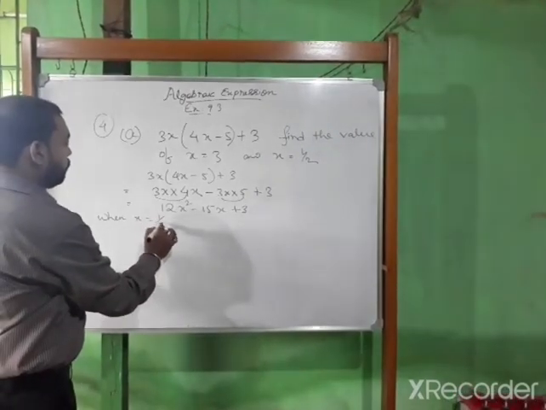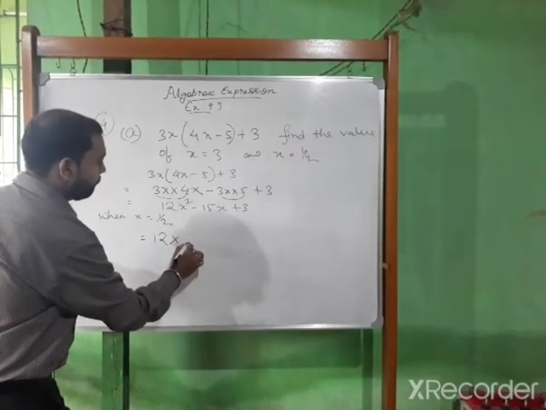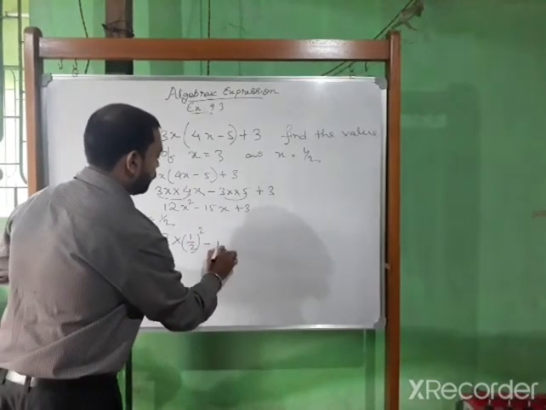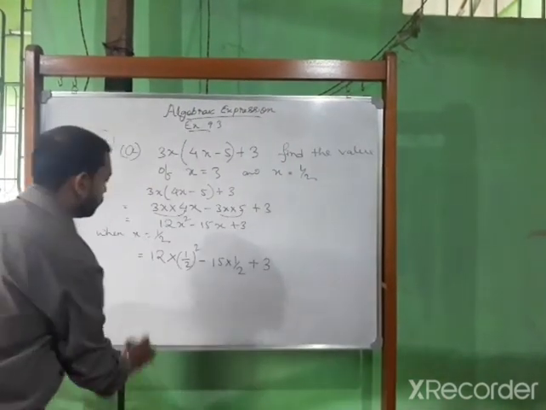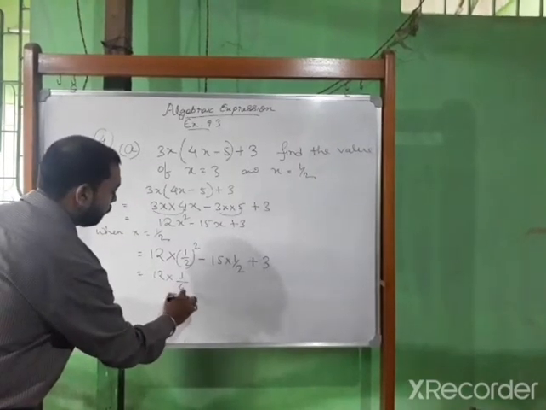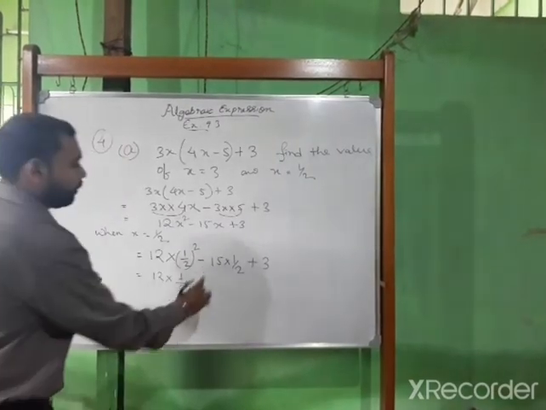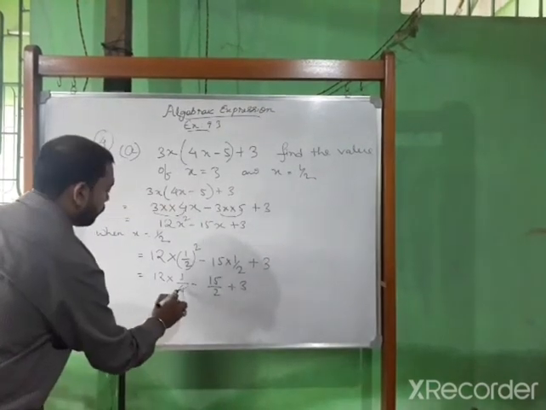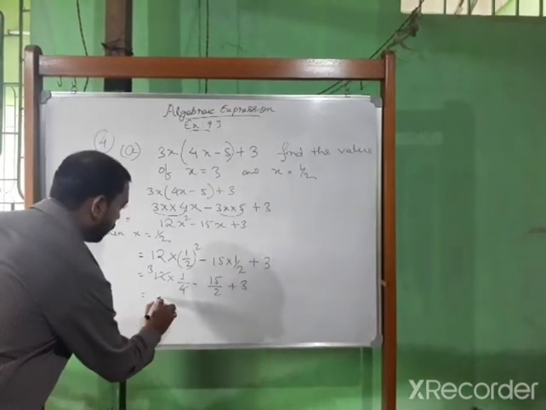So when x is equal to half, in place of x we write half: 12 into half square minus 15 into half plus 3. 12 into half square means 12 into 1 by 4, because 1 square is 1 and 2 square is 4, minus 15 by 2 plus 3. So 4 and 12, 4 3s are 12, so 3 1s are 3.